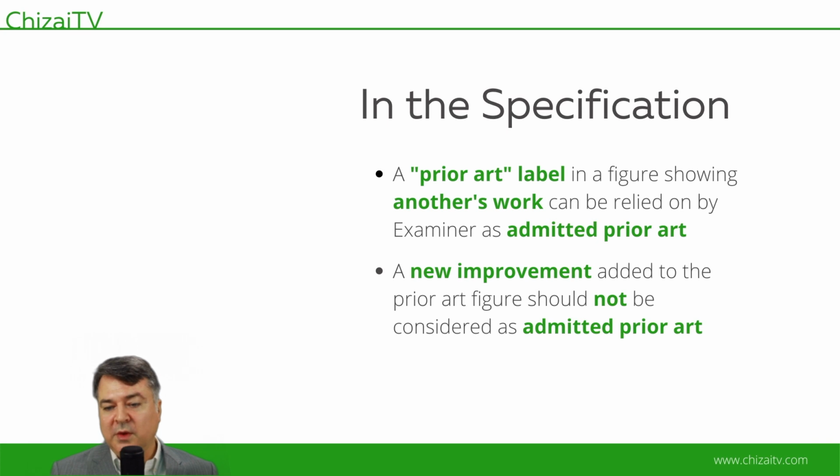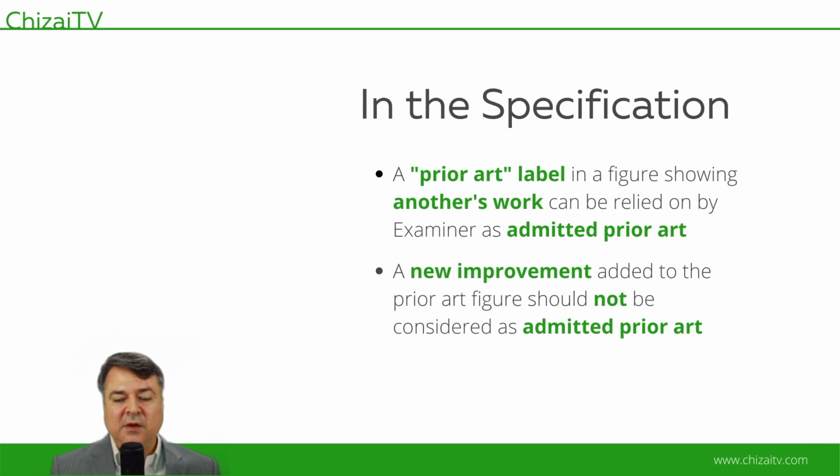So if you have a figure 1 and it's someone else's work and it says prior art, the examiner can use that figure and maybe find some other prior art to combine and give you a 103 rejection. And then the second bullet point here, a new improvement added to the prior art figure should not be considered admitted prior art.